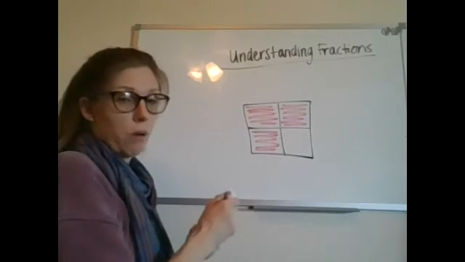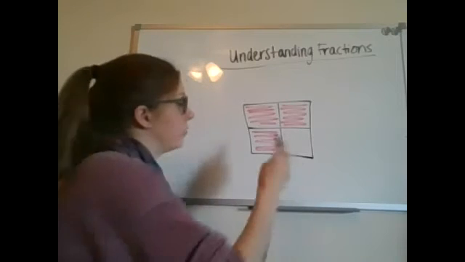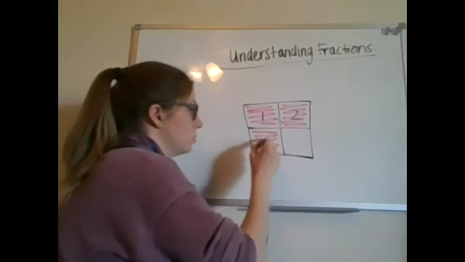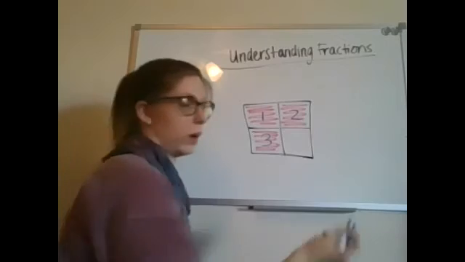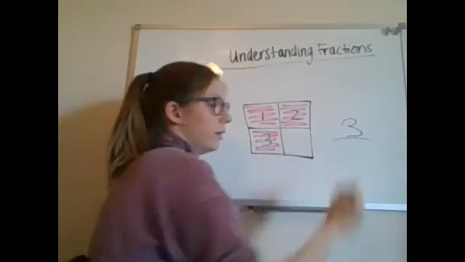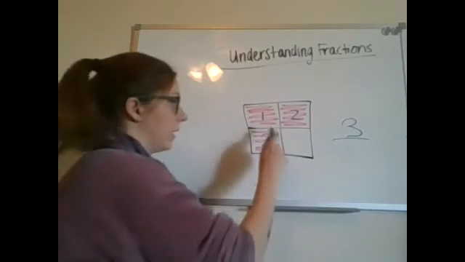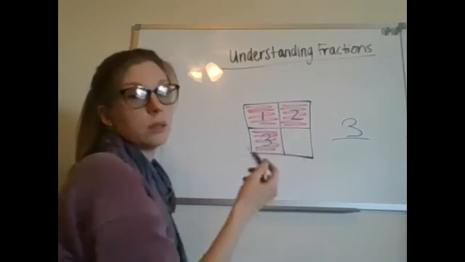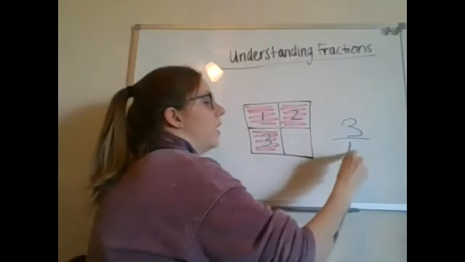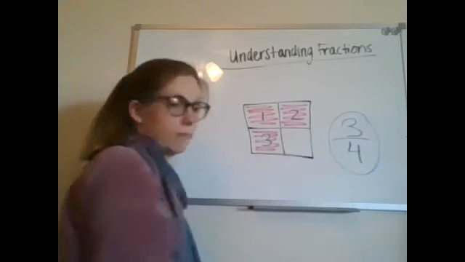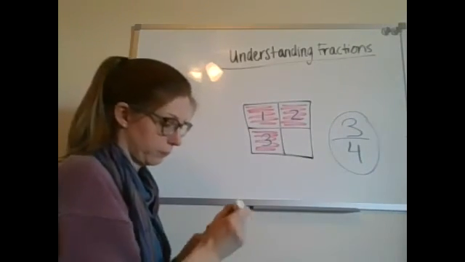Remember, part over whole. How many parts are shaded in red? 1, 2, 3. So our part, or our numerator, would be 3. The whole shape has 1, 2, 3, 4 pieces to it. So the fraction for this would be 3 out of 4.